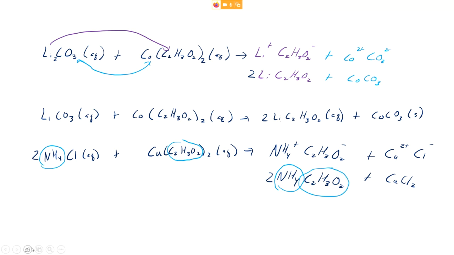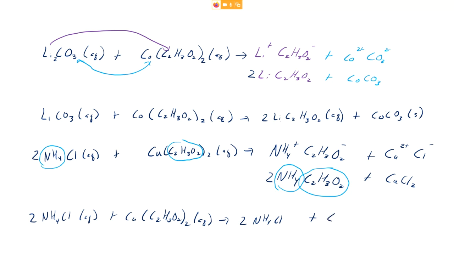Okay, so I have two NH4Cl aqueous plus Cu(C2H3O2)2 aqueous goes to form two NH4C2H3O2 plus CuCl2.